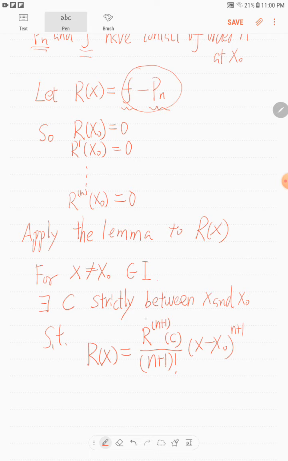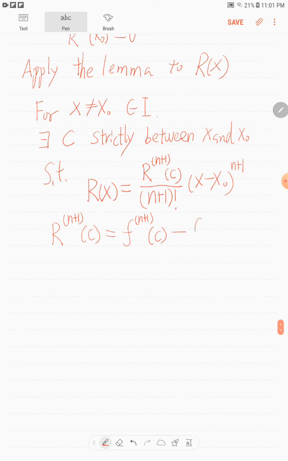Now let's look at this (n+1)th derivative of R at c, which is equal to the (n+1)th derivative of f at c minus the (n+1)th derivative of P sub n at c. But P sub n is a polynomial of degree at most n, so its (n+1)th derivative is 0, right? So it is equal to the (n+1)th derivative of f at c.